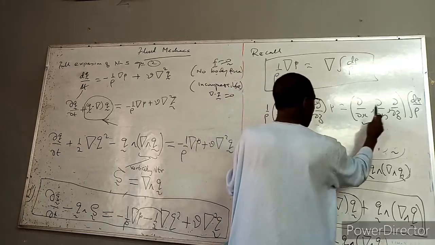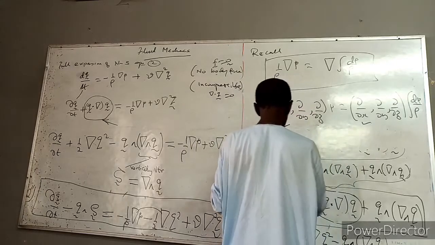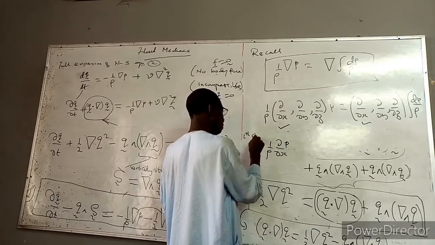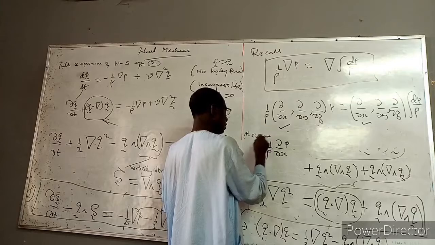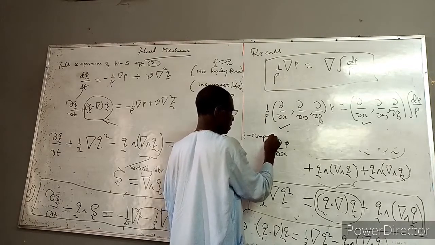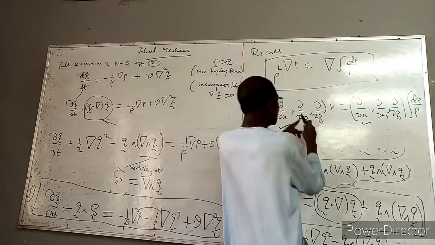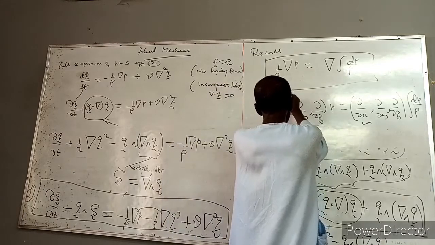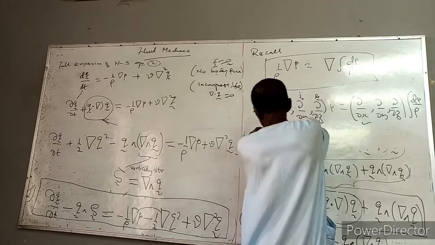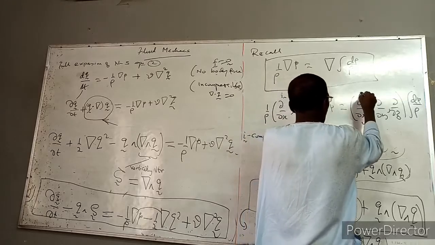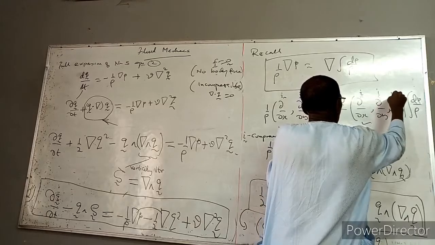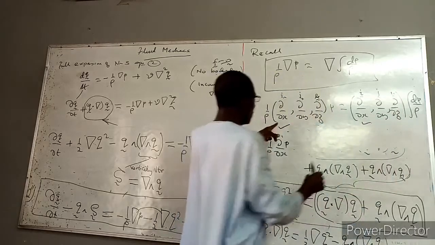So I consider this and this, the I component, the J component, and also the K component. I consider only this.